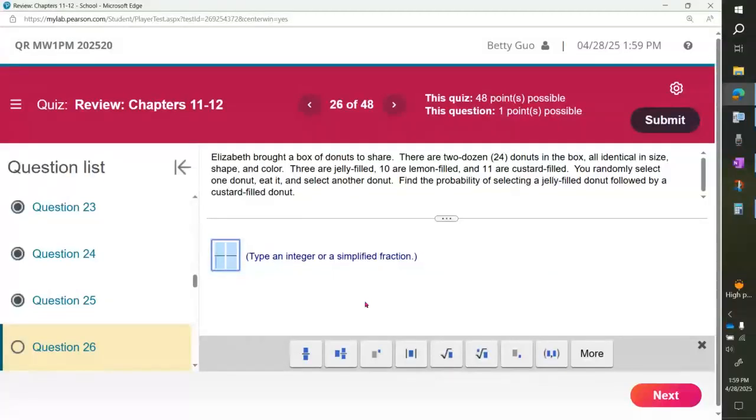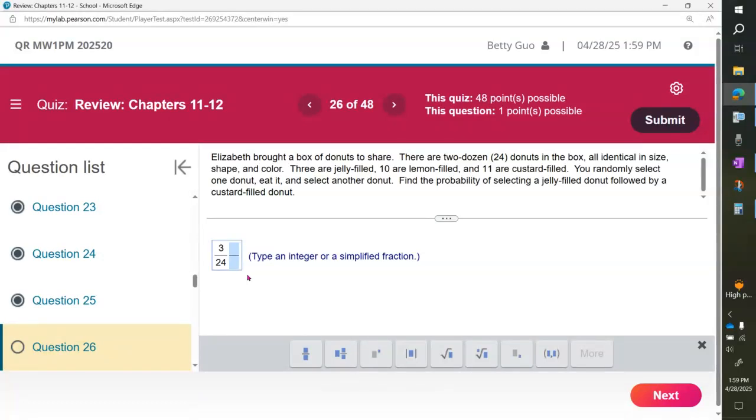What's the probability? 24 donuts in total, 3 are jelly-filled, so 3 over 24. 3 over 24 is the probability of selecting a jelly-filled donut the first time. Hope you see it, okay? 24 donuts in total in the box, 3 are jelly-filled, so the chance of getting a jelly-filled donut the first time is 3 over 24.